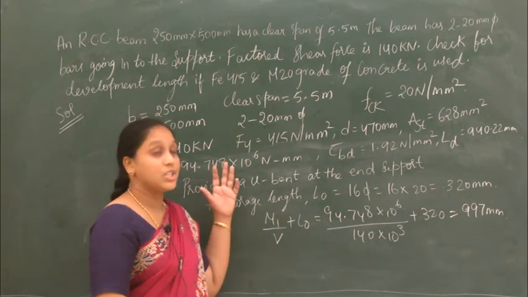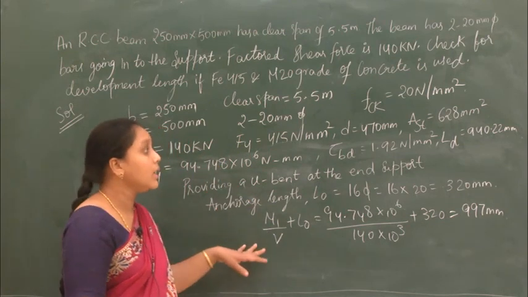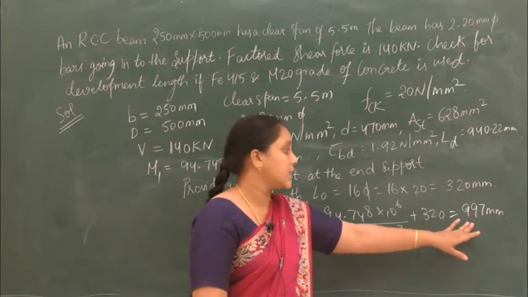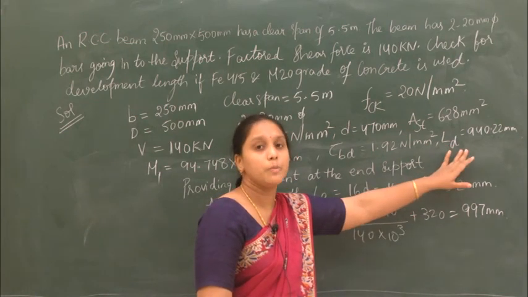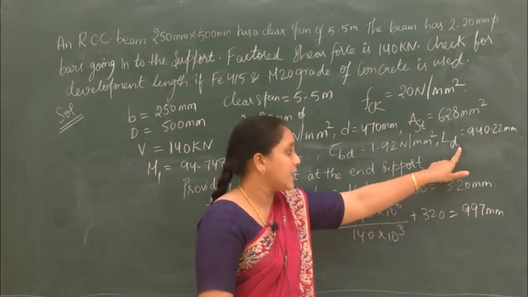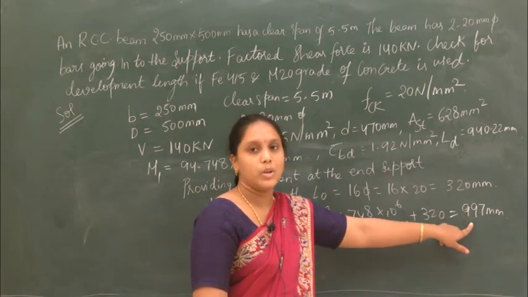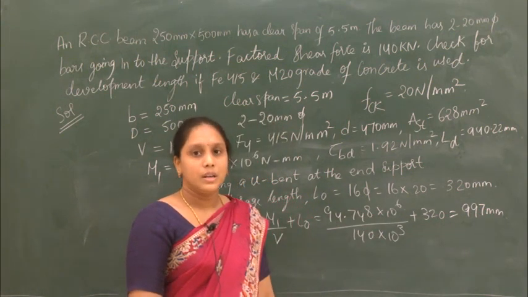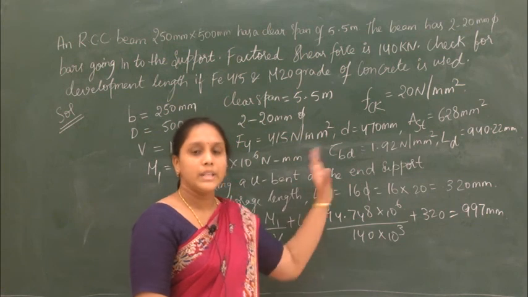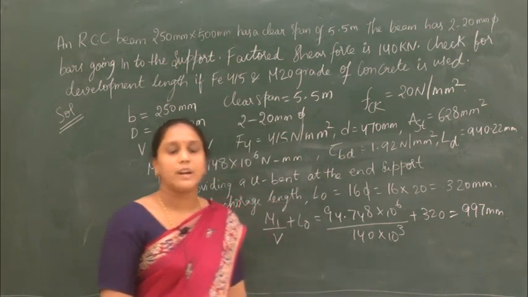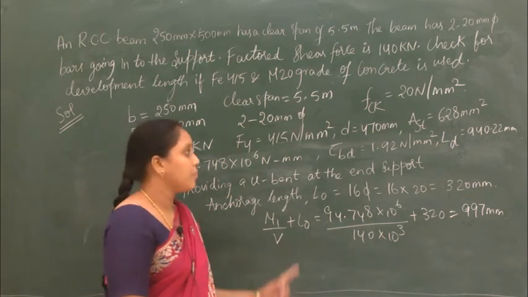So what is the check for development length? This particular LD value should not exceed this value. That is, LD should be less than this value. If you observe here, LD is less than this particular value. So now we have satisfied the codal requirements. Hence the development length is okay. That is, the check for the development length is okay. Why?